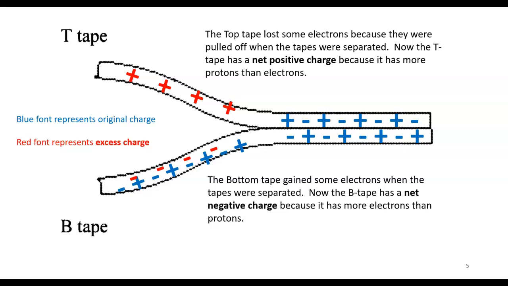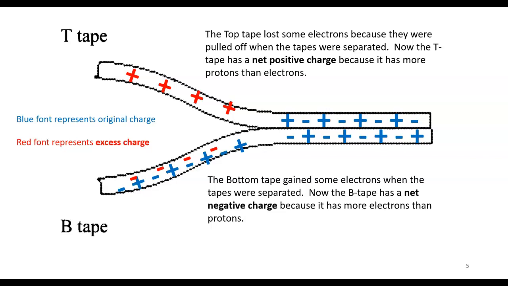In this figure, the blue font represents the original subatomic particles on the pieces of tape, with an equal number of protons and electrons evenly distributed throughout the tape. The red font shows regions where there are excess charges, meaning places where there are an unequal number of protons and electrons. The top tape has lost some electrons because they were pulled off when the two tapes were separated.